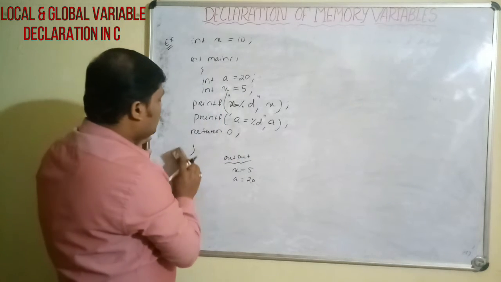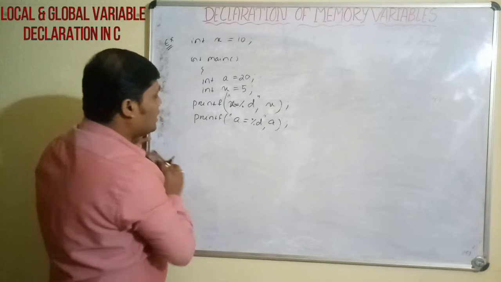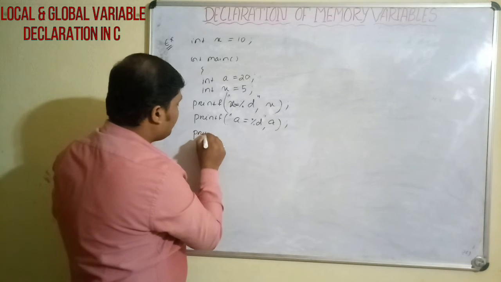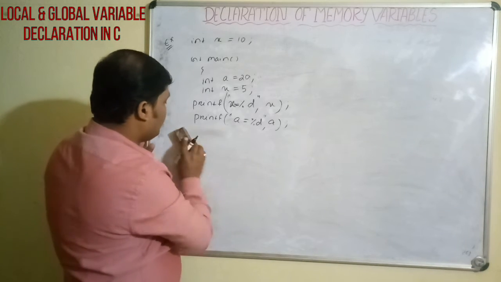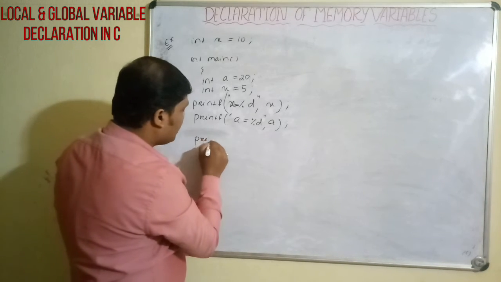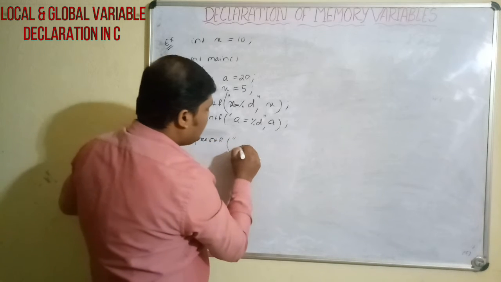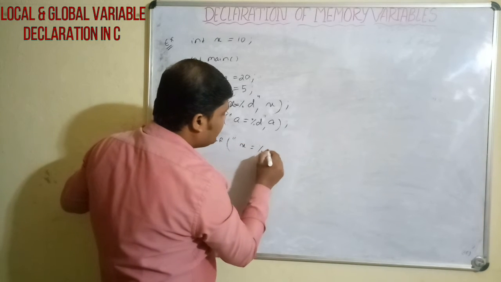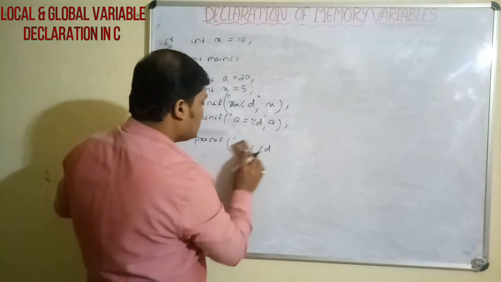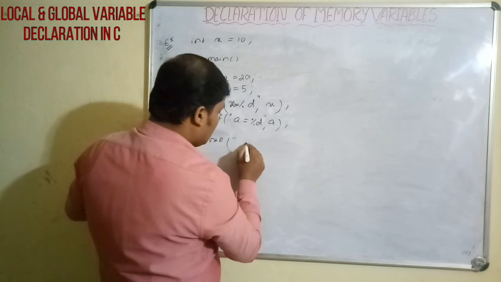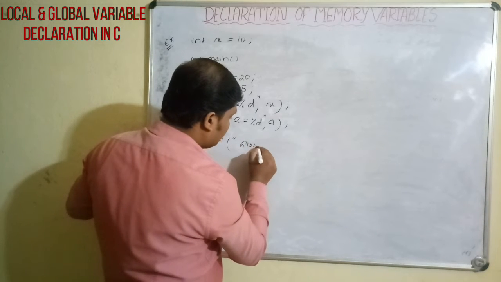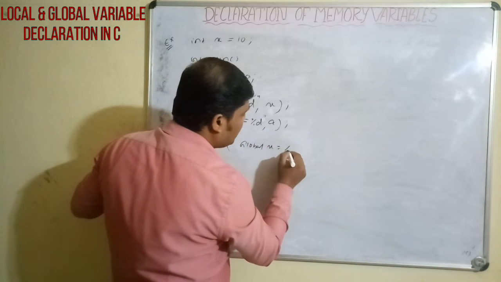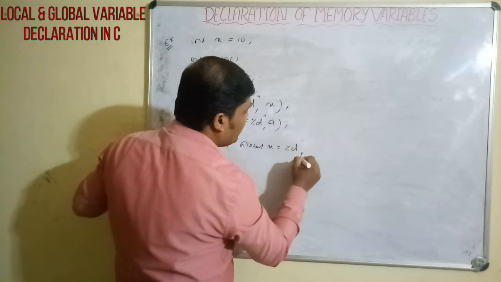Just see, suppose in this case printf "global x equal to %d", x.